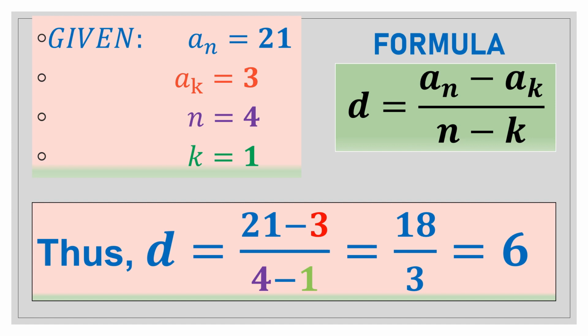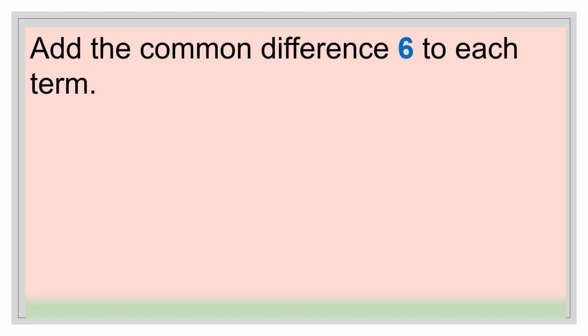Then do the operation. 21 minus 3 is equal to 18. 4 minus 1 is equal to 3. And then, we will divide 18 and 3. 18 divided by 3 will give us 6. What is 6? 6 is the common difference. What will we do with the common difference? We will add the common difference 6 to each term. Again, the given terms are 3, blank, blank, 21.